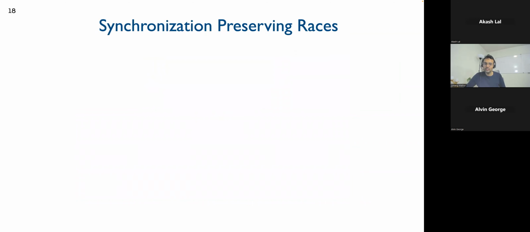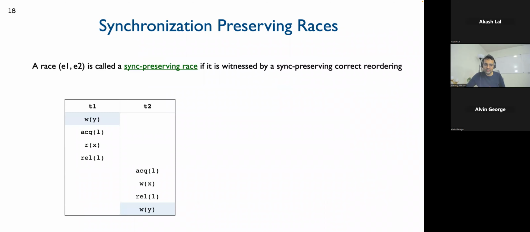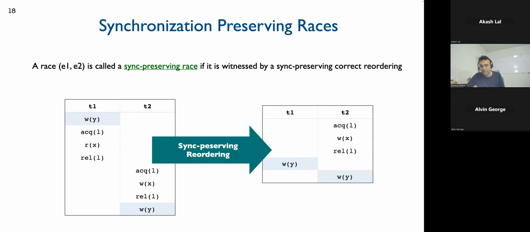No, I'm not. That's the point. Whatever correct reordering I'm reasoning about is essentially a valid reordering of the same program. Look at this reordering on this slide. The same program would have generated this reordering also, right? Basically, I did some reordering and then I'm stopping the program at some point.